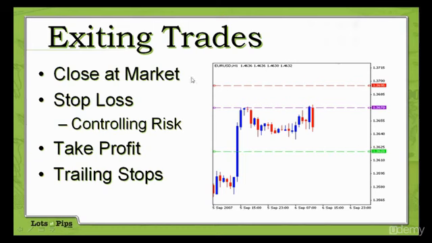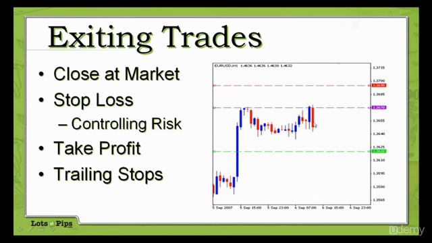We can close at the market price. So right now the market's sitting right here. We can close it and say, oh, I'm on out. Okay, I got in right here. I'm up here. I want to get out. Here's my take profit here. Here's my stop loss up here. I got in right here.